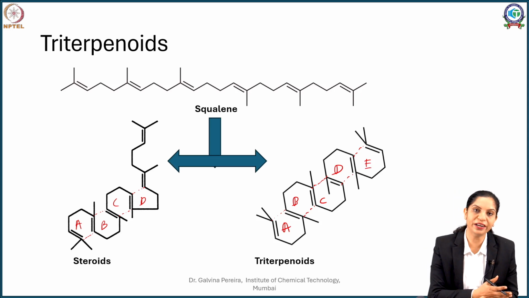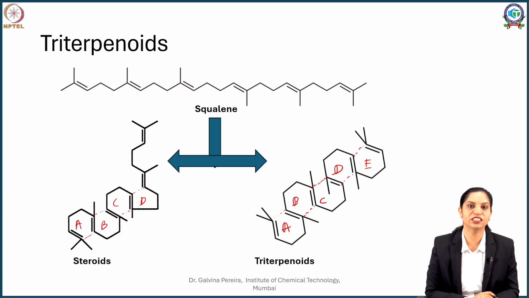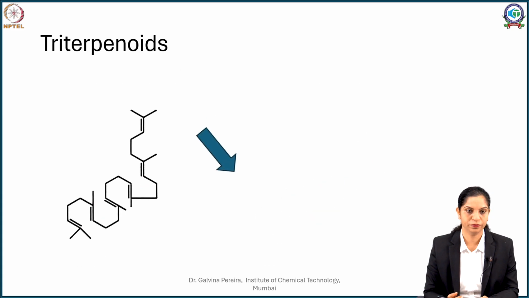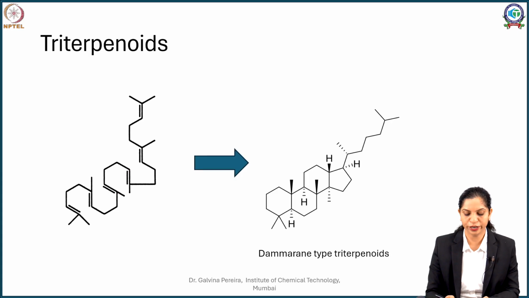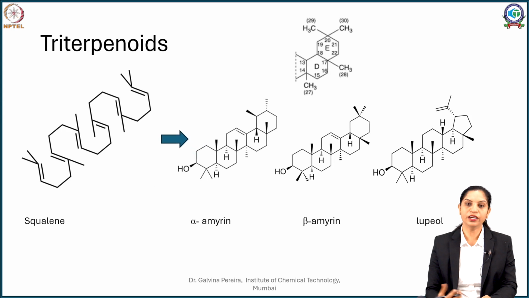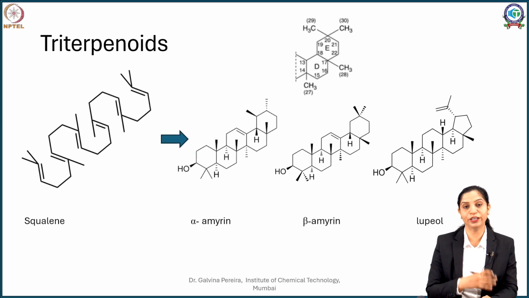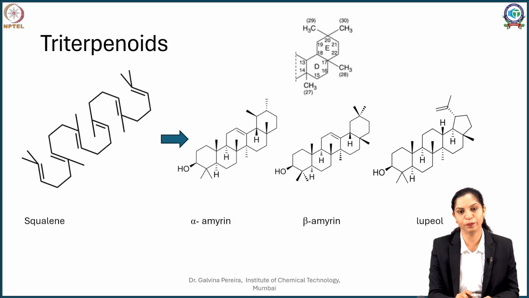So steroidal triterpenoids as well as pentacyclic triterpenoids have their genesis from squalene and are made up of 6 isoprene units. One good example of a triterpenoidal compound with a steroidal nucleus are the dammarane type of triterpenoids which occur in ginseng, and another set of triterpenoidal compounds with a 5 ring system are the pentacyclic triterpenoids.